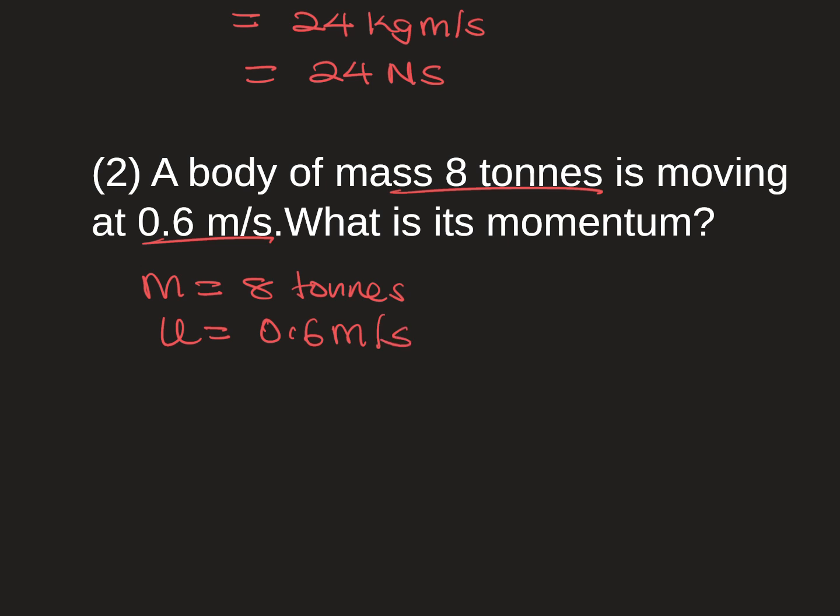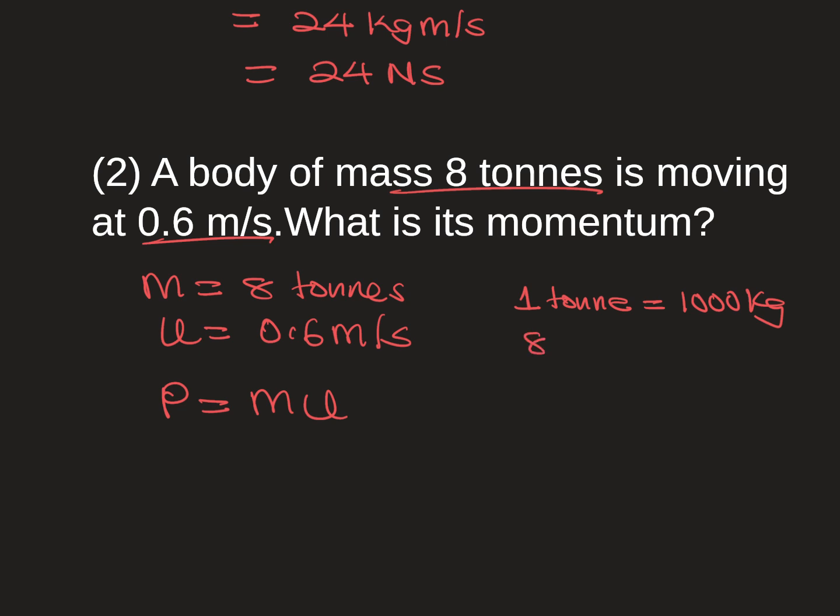What is its momentum? So we know that momentum is equal to mass times the velocity. But the mass is given in tons, so we have to convert it to kilograms. You should know that 1 ton is equal to 1,000 kilograms.